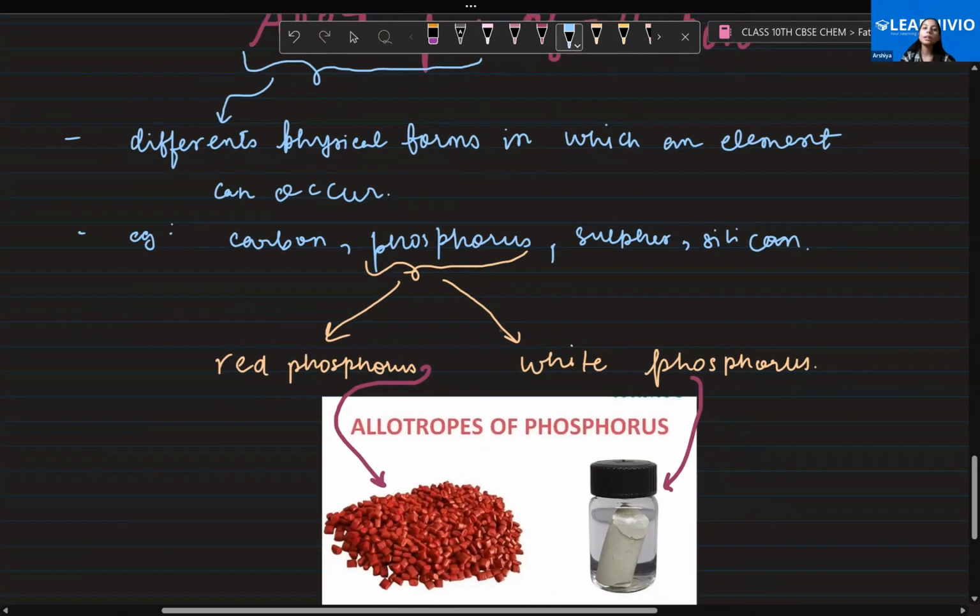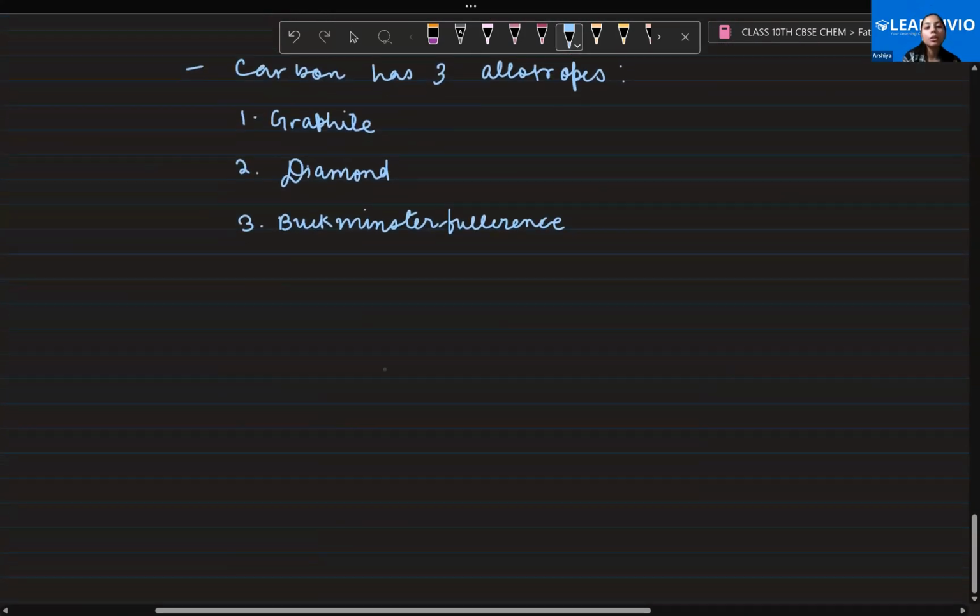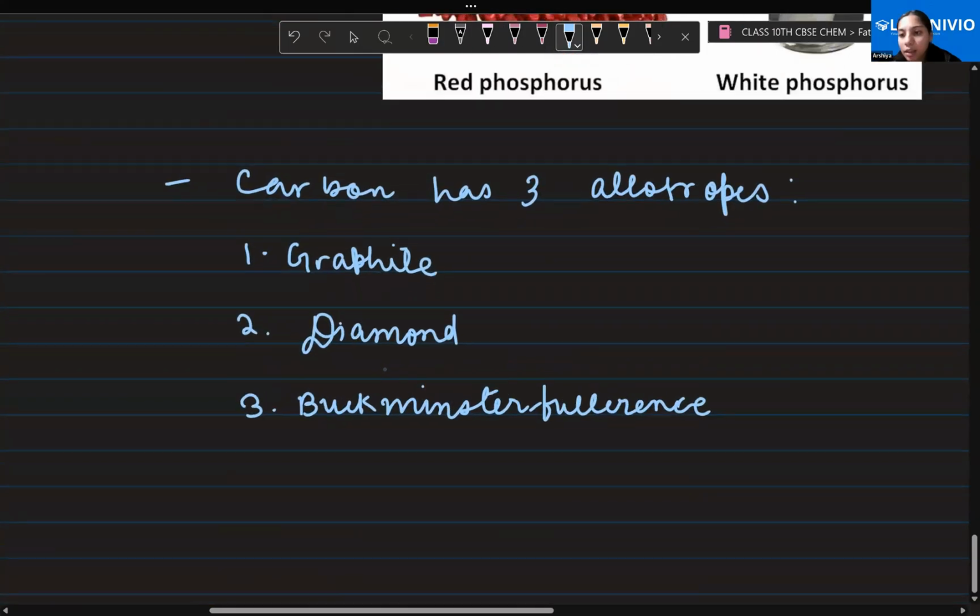Okay. So I'll explain in this form only. Do you know what graphite is? No. Okay. Have you used a wooden pencil, or maybe a color pencil? The lead, the black part of the pencil from where you write, right? So that's graphite.